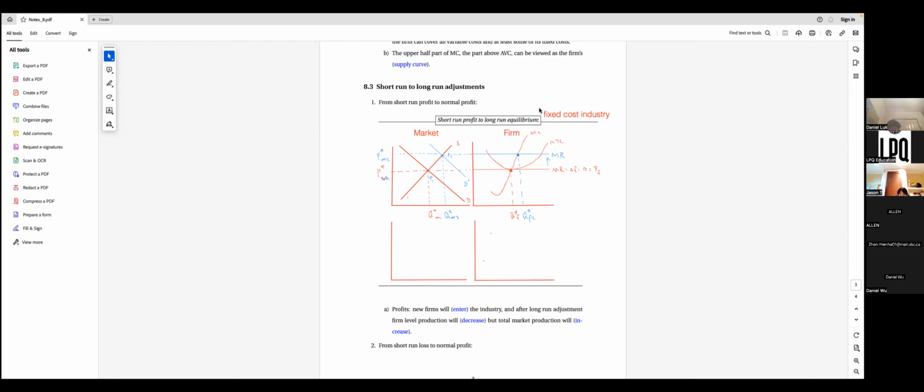I mean, you don't need to consider how the price in the resource market will change. You just assume all your ATC and MC remain unchanged throughout the whole story.